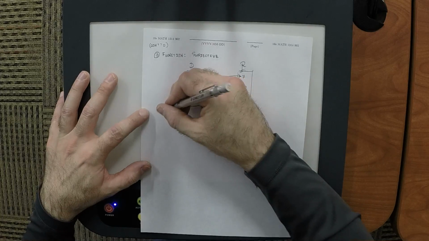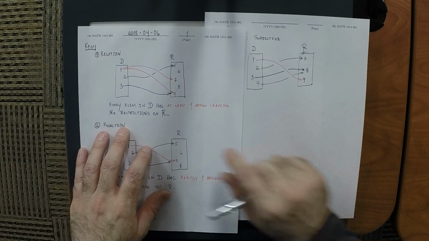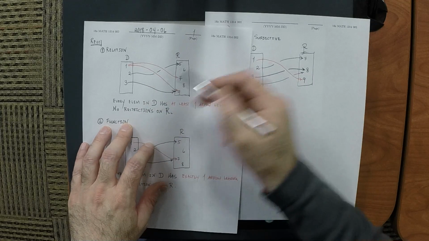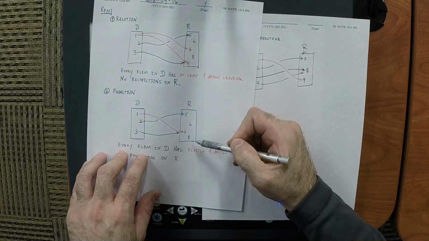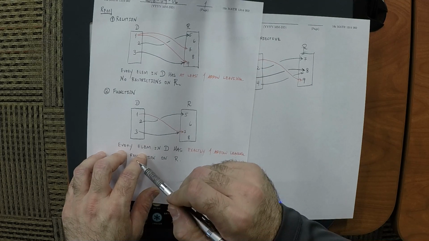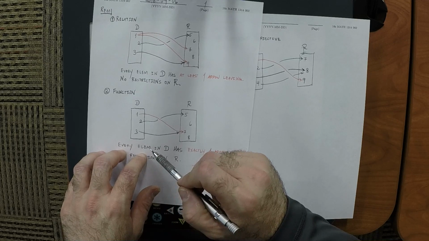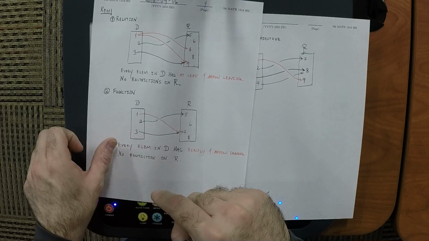Right. So if you look on the previous page, a relation is such a thing. A function is when you have a restriction on the domain. Exactly one arrow can leave, which means in vending machine parlance, every button has to have exactly one function, one item.